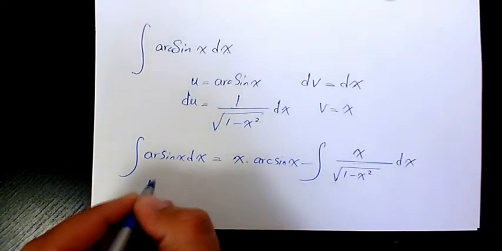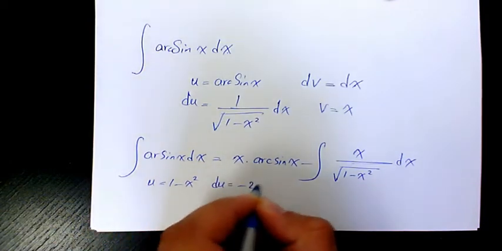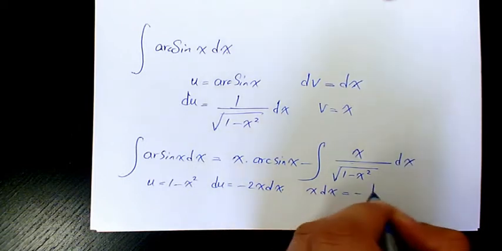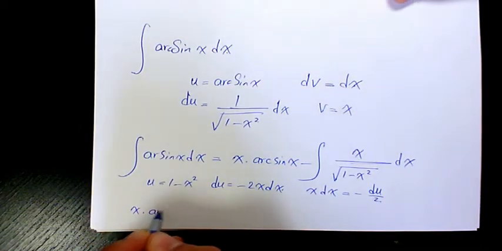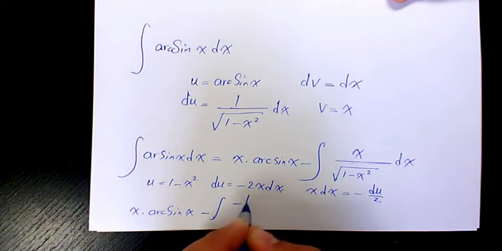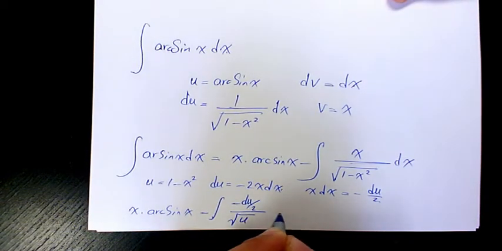So u is 1 minus x squared, du is negative 2x dx. So x dx is going to be negative du over 2. So we have x arc sine x minus negative du over 2 root u.